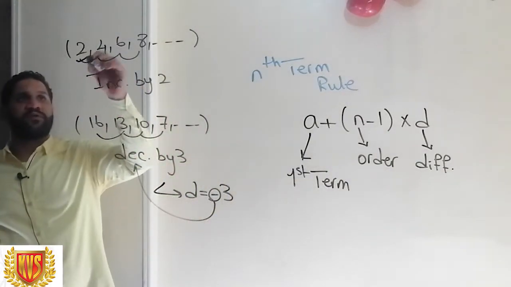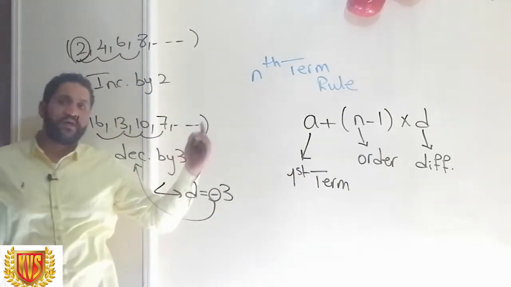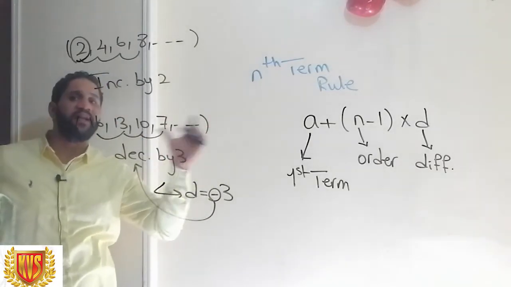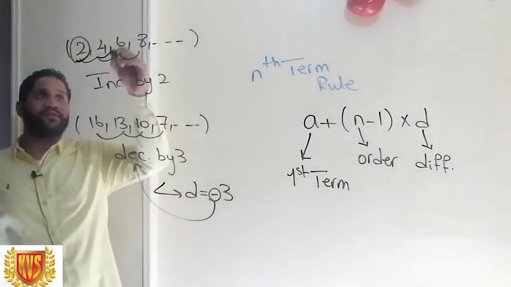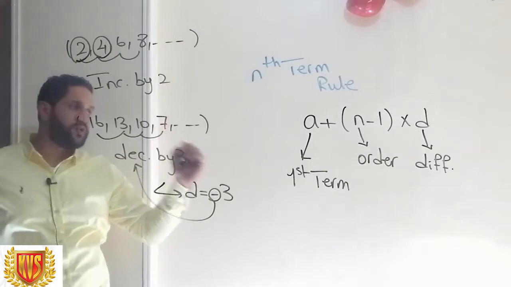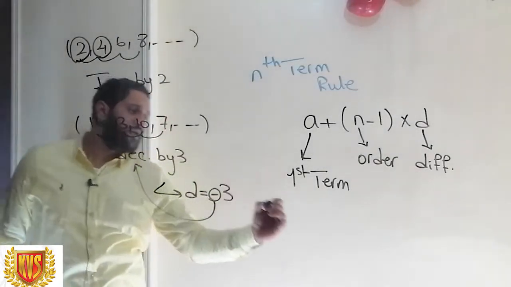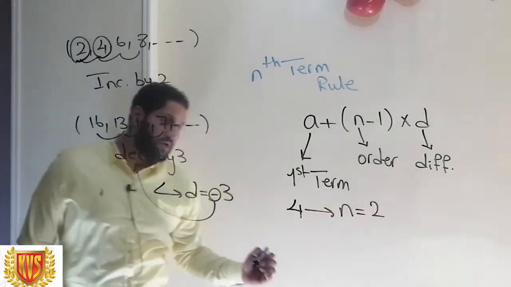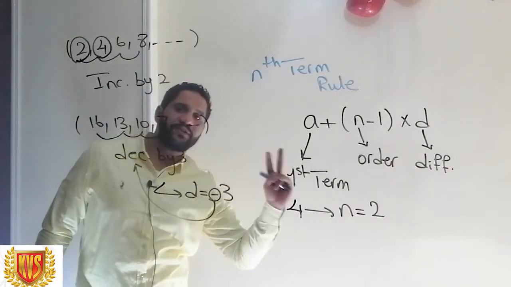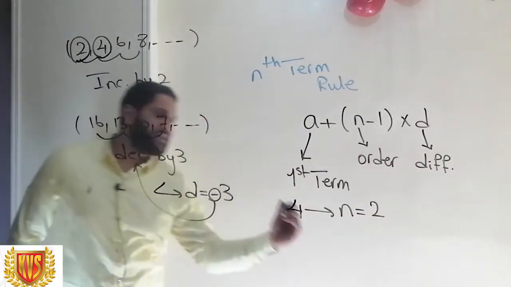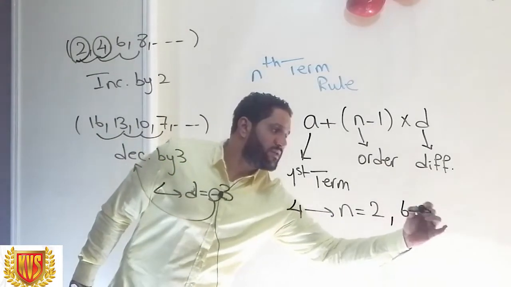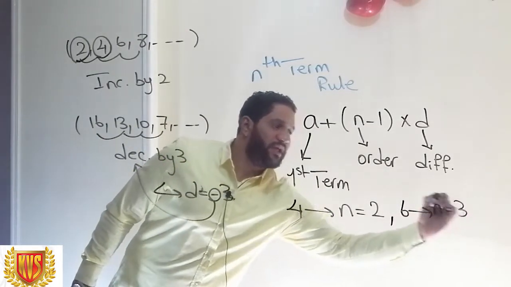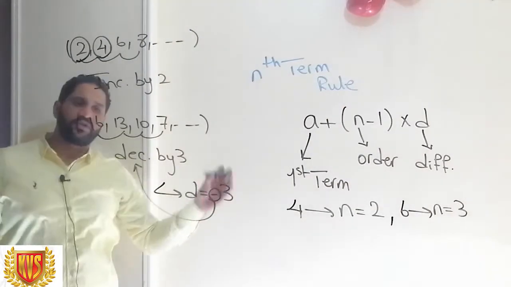Let's look at this sequence. I can see that 2 is the first term, but its value is 2. I can see that 4 is the second term. What's the meaning of the second term? That 4 has an order which is n equals 2. So that means that 4 is the second term. I can see the 6. 6 has an order of what? 3. Why? Because it's the third term.